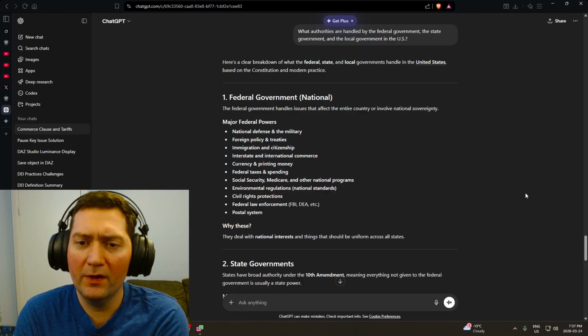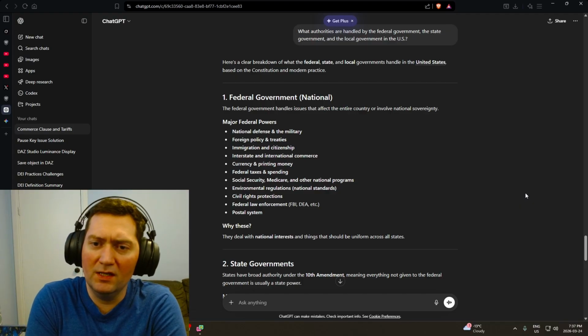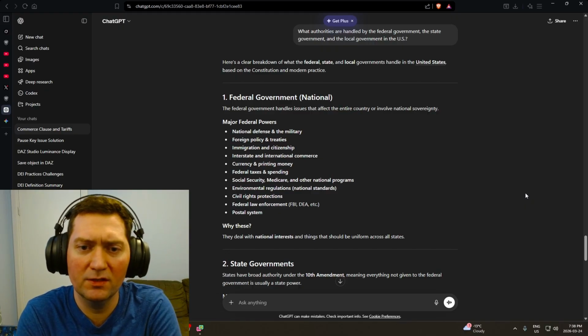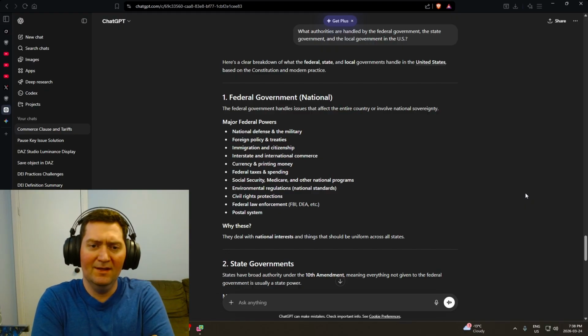Here's a breakdown of what the federal, state, and local governments handle in the United States based on the Constitution and modern practices.